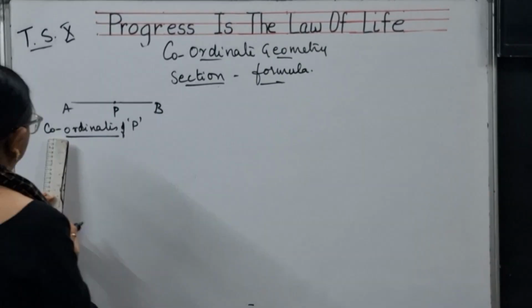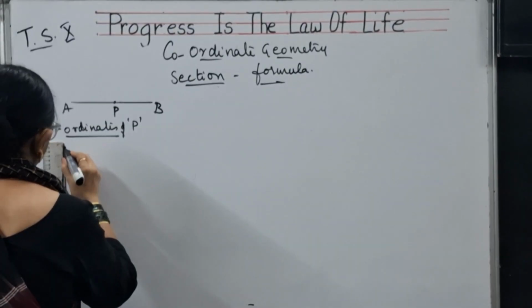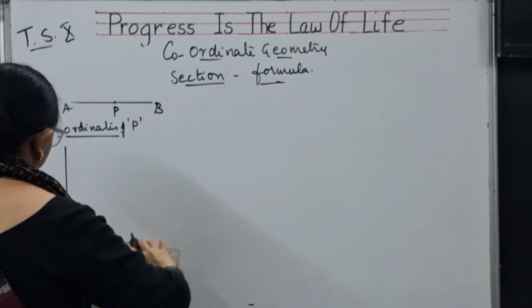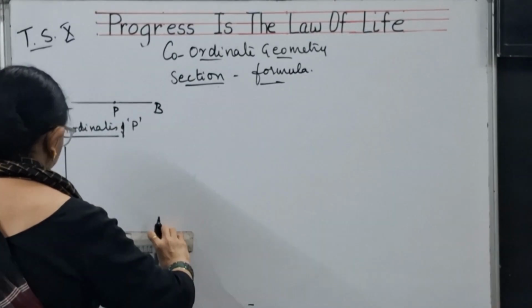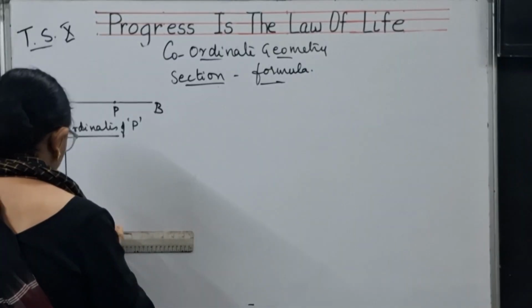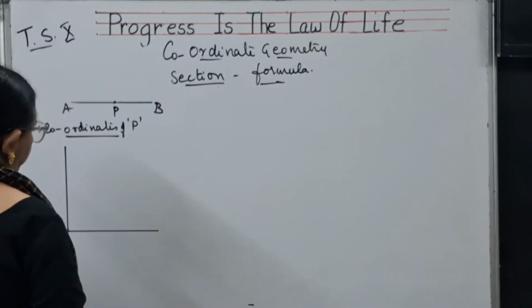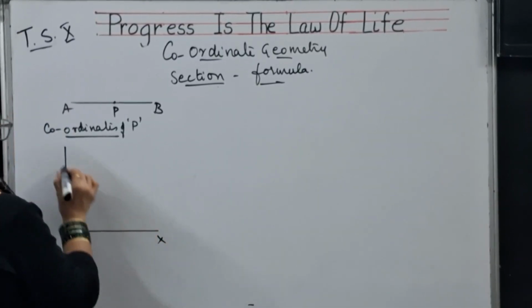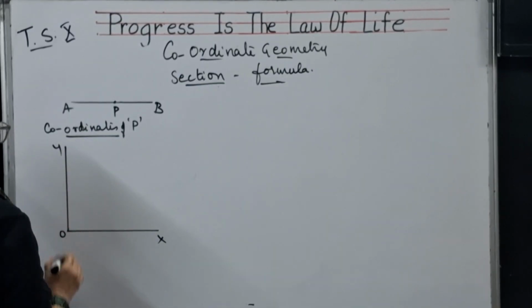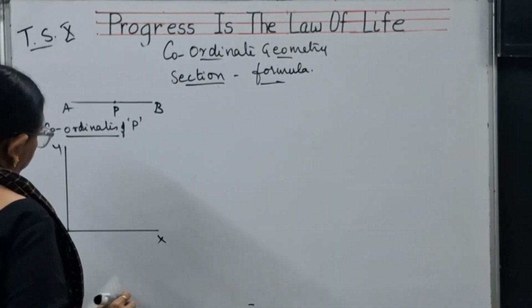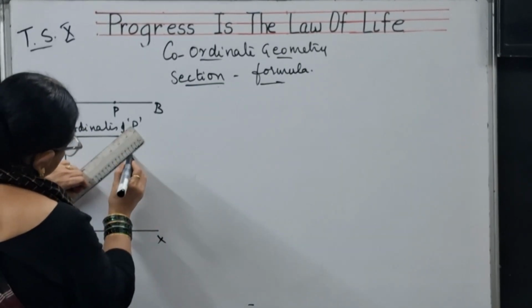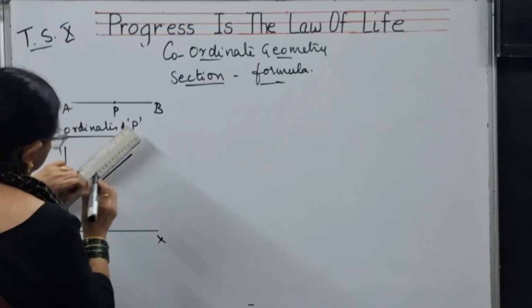How do we need to derive it? Suppose this is a quadrant of a graph, that is a part of the x and y axes. This is the origin. You have got a line segment AB.